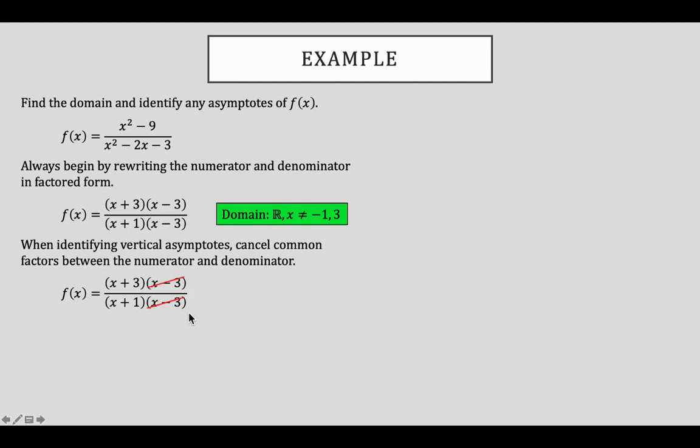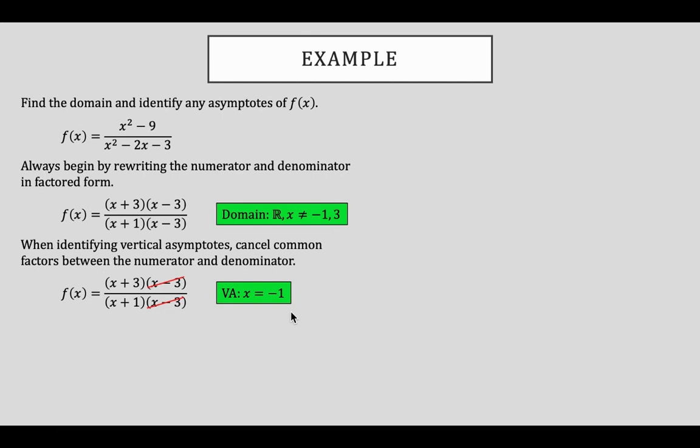Those divide out, leaving us with x plus 3 divided by x plus 1. Given that we have no common factors, the remaining zeros of the denominator give us vertical asymptotes. So what's our remaining zero of the denominator? x equals negative 1, and therefore we have a vertical asymptote, VA, at x equals negative 1.